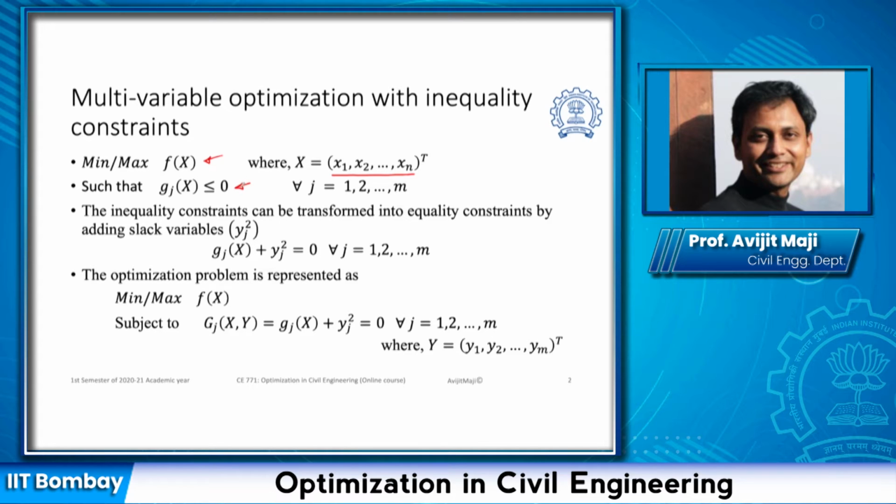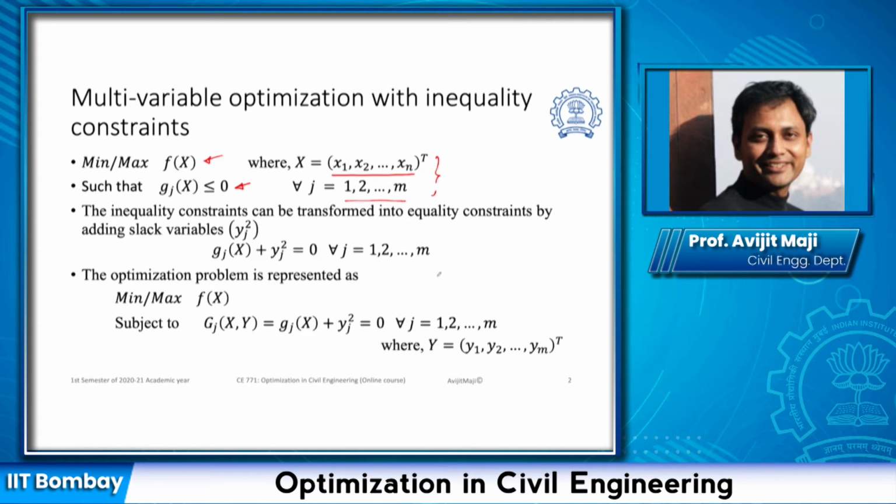These are the inequality constraints, gj, for j between 1 and m. So this is what a multivariable optimization problem with inequality constraints looks like.